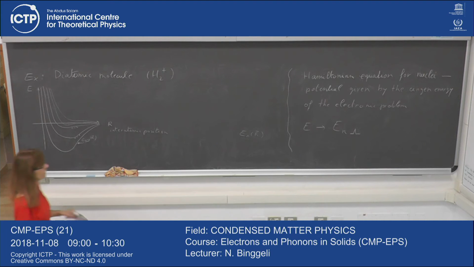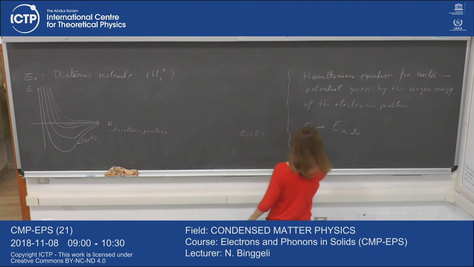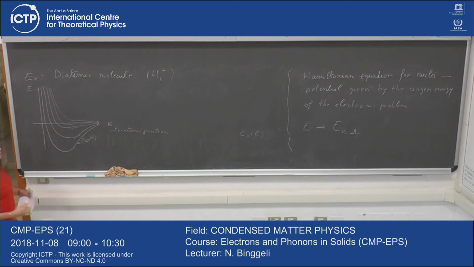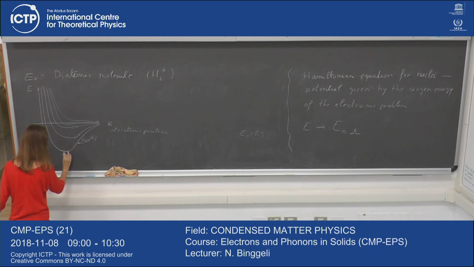So we have seen that this energy now depends on lambda. For this potential, if I solve the equation that I just showed you for the nuclei, I will get levels, lambda equal 0, which would be the ground state.